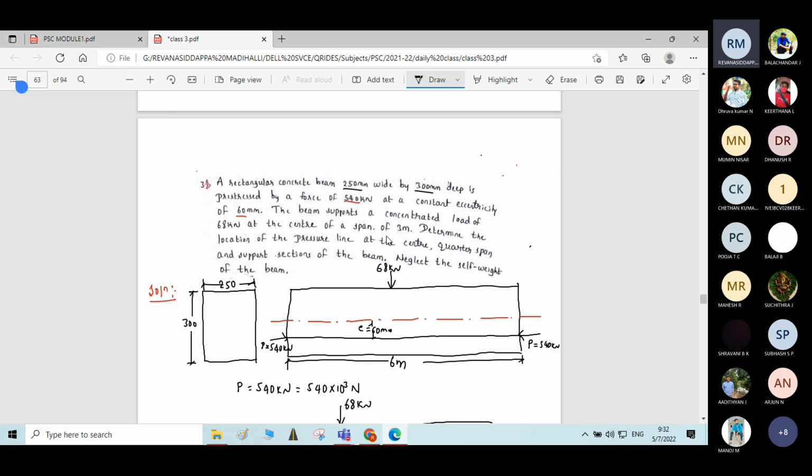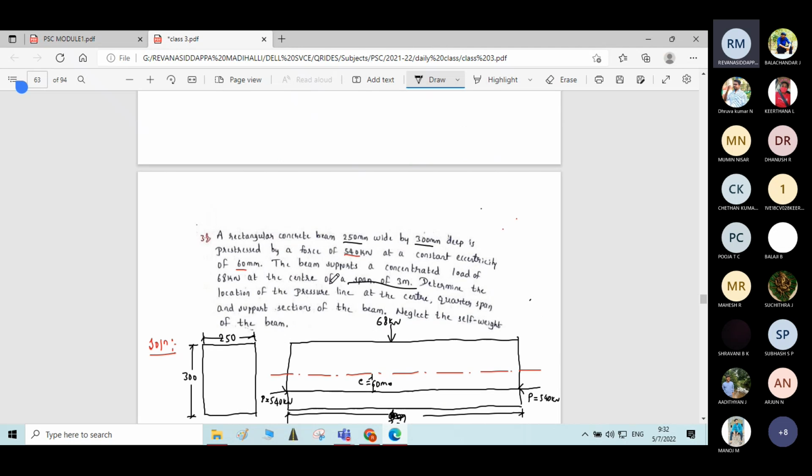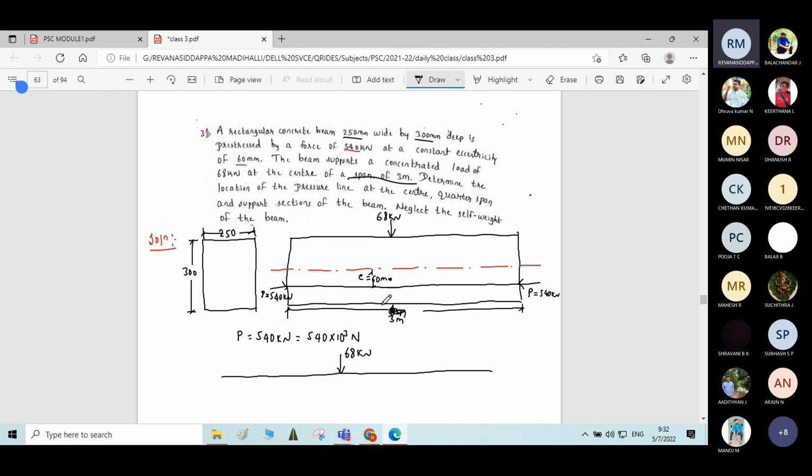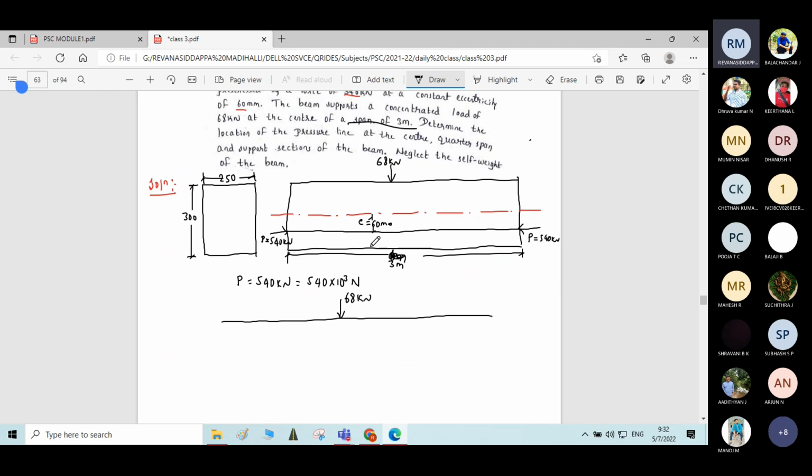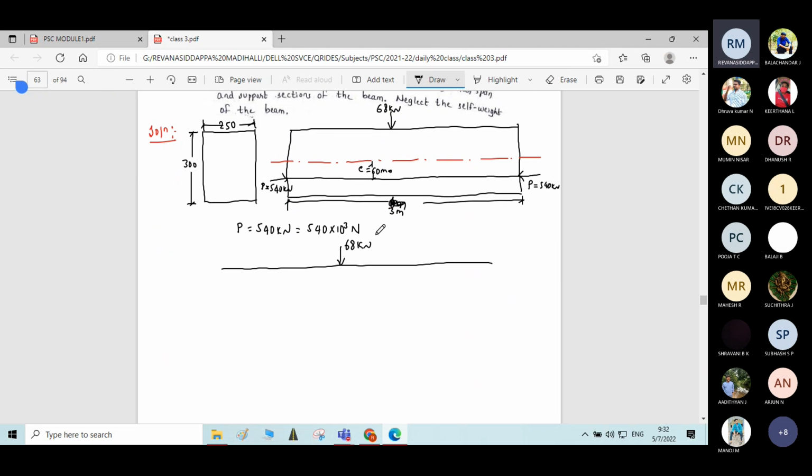I'm sorry, center of span of 3 meter means total span is 3 meter. In the total span of 3 meter, at the center the load is acting, means at 1.5 meter distance the load is acting.